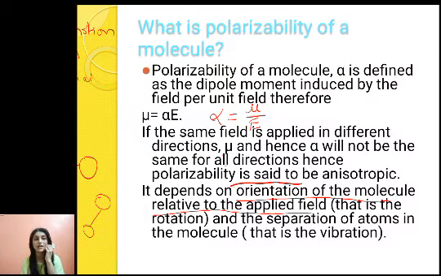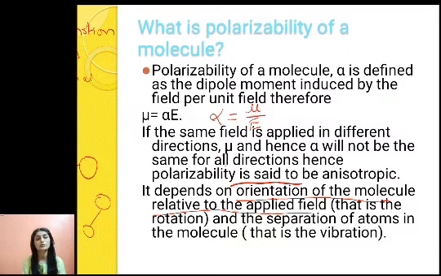So I can say mu is proportional to E, and when I remove the proportionality sign, I get a constant of proportionality: mu equals alpha E, or alpha equals mu upon E. This alpha is called the polarizability of the molecule. How can we define this polarizability?